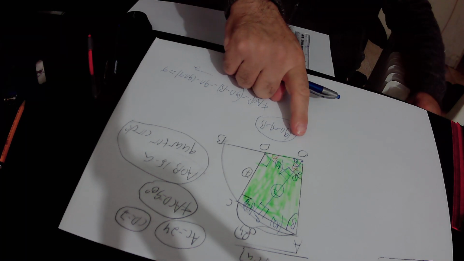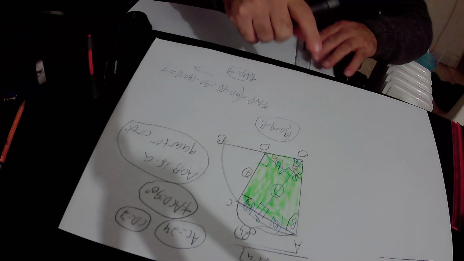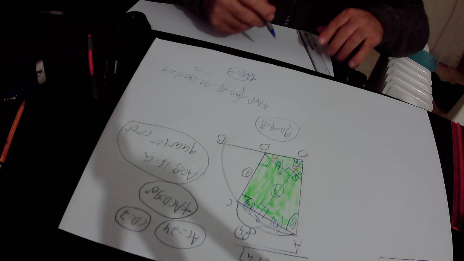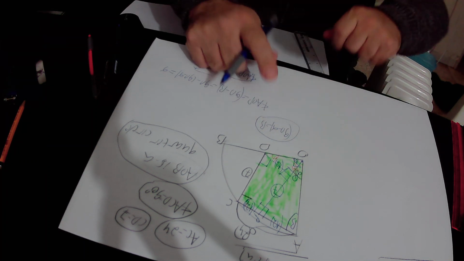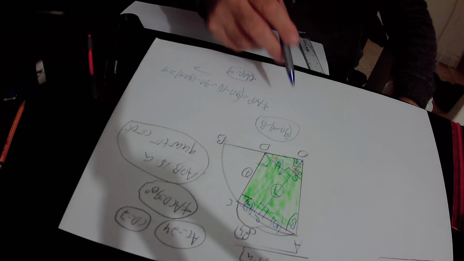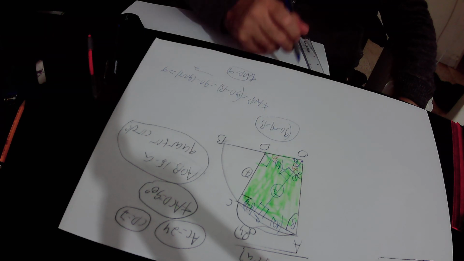Side QO equals x according to our definition, and QD equals 12 units, and again ODQ equals alpha.